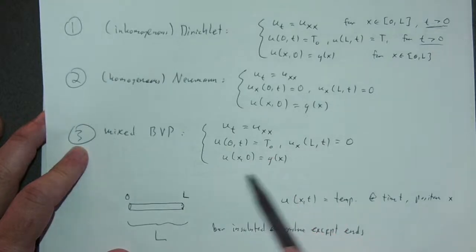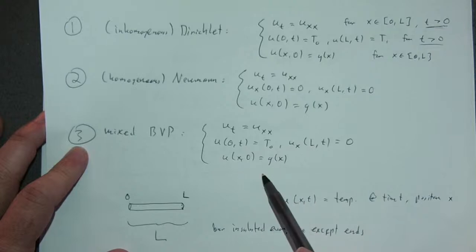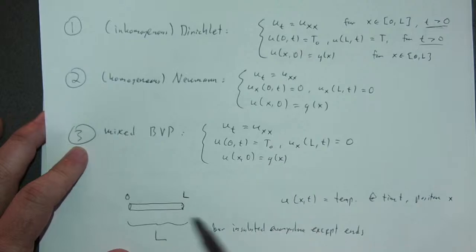Regardless of what the particular initial temperature distribution is, as t goes to infinity, intuitively, the temperature in this entire bar should approach what? It should approach this T naught, because this end is insulated and this end is T naught.